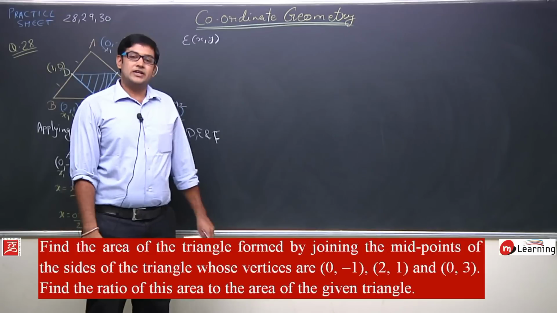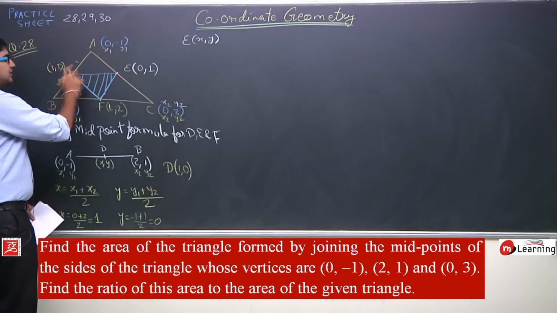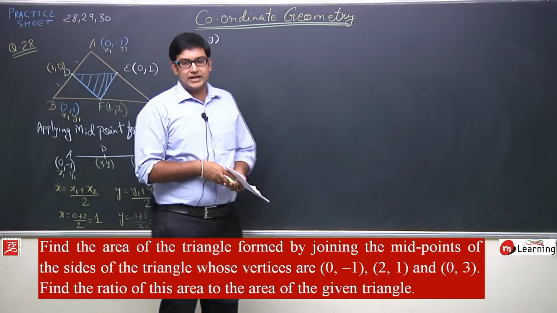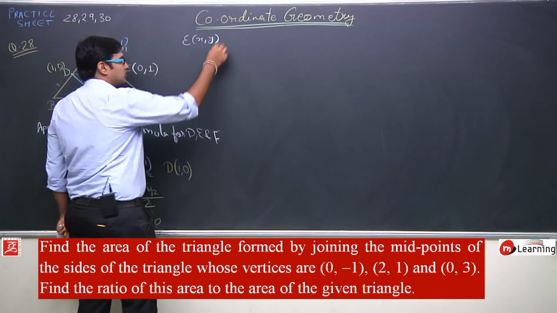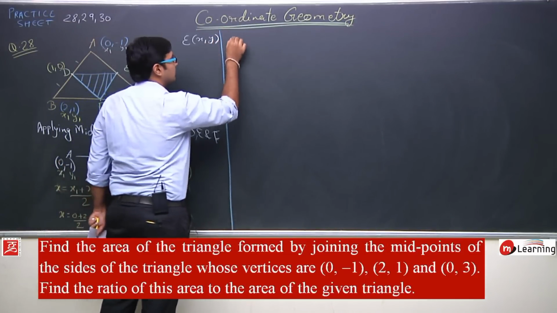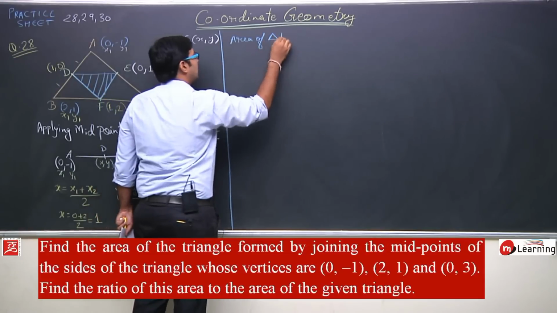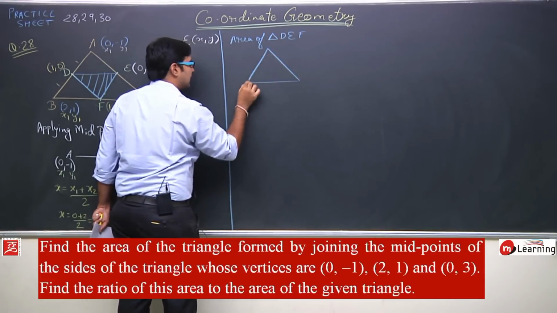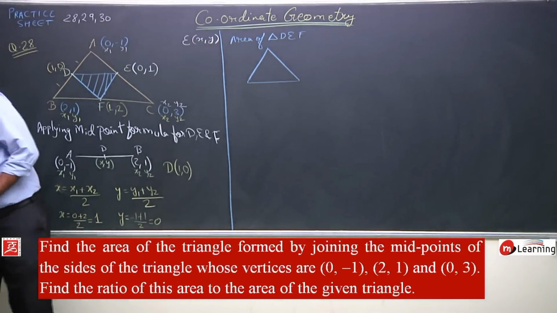So now observe it very carefully. You have all the three coordinates of this triangle, this DEF triangle. Now can you calculate the area of this triangle? Yes, it's very easy to calculate the area. So what I am going to find is the area of triangle DEF. This is our triangle.